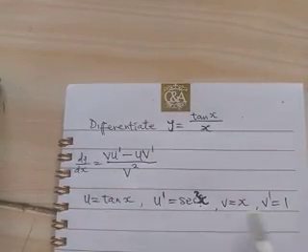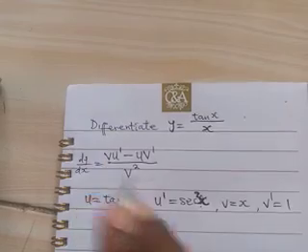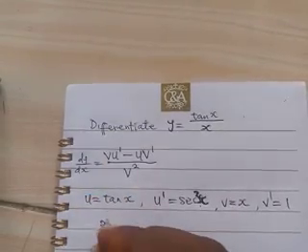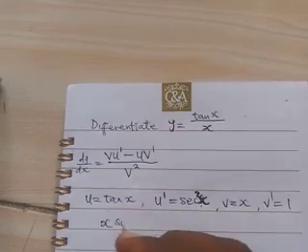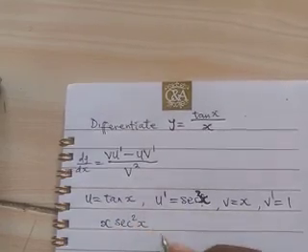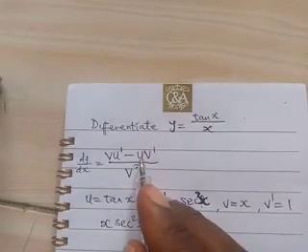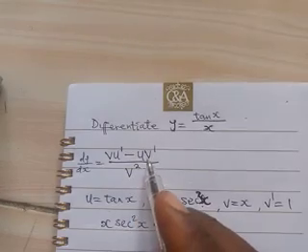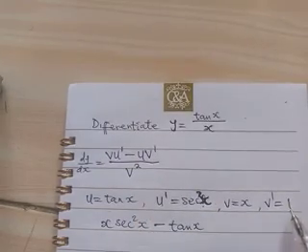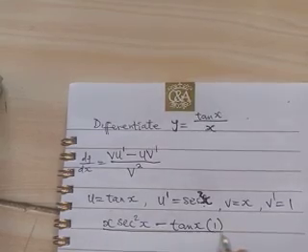So this can be substituted into this arrangement. Our v is x, so we write x. Our u prime is sec squared x, so we write sec squared x, minus our u is tan x, we say tan x. Our v prime is 1, so we say 1 over v squared.